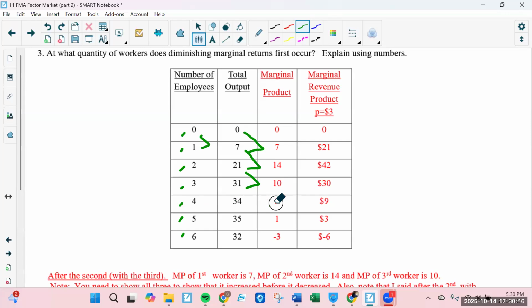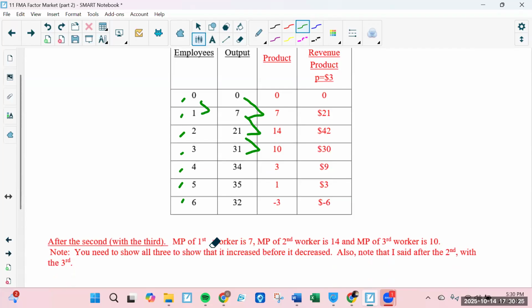But no, that's not where it began. It began because it went from 7 to 14, so it's still going up, then it went down. So you have to make sure you use all the numbers there. First worker is 7, second worker is 14, third worker is 10. Therefore, that's how you know diminishing marginal returns occurred with that third worker. Very important you word that right.